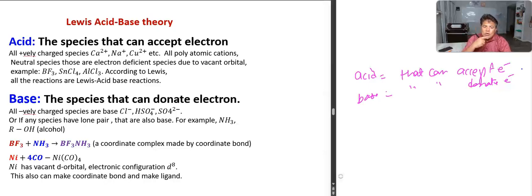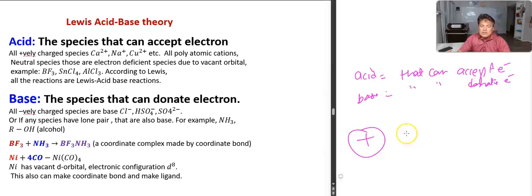All positively charged species can accept electrons, for example sodium plus, copper 2 plus. And the neutral species are electron deficient because of the vacant orbital, for example BF3, SnCl4, AlCl3, etc. According to the rules, they all are Lewis acids.